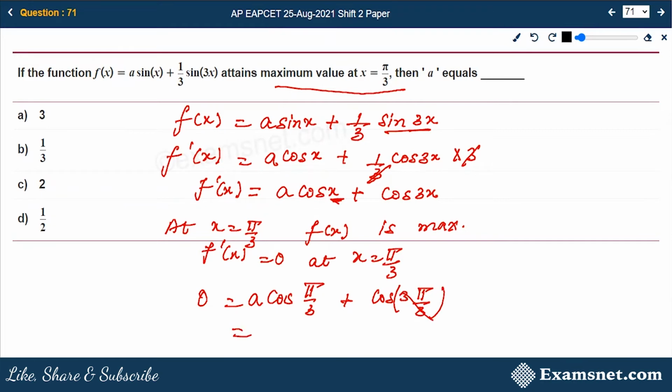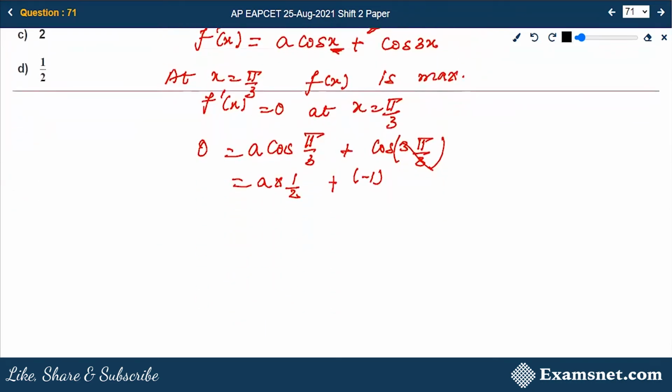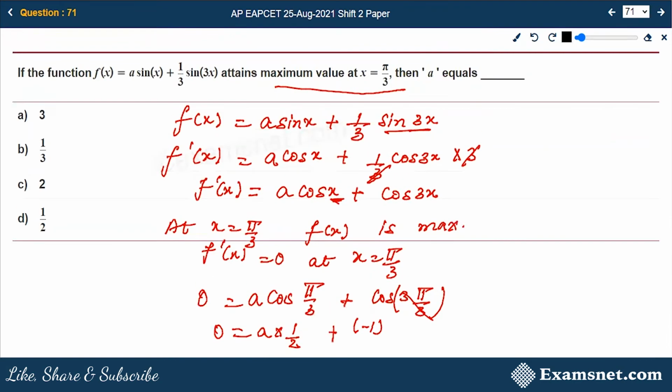You know the value of cos pi by 3 is 1 by 2, plus cos pi is equal to minus 1. So this equation will become 0 is equal to a by 2 minus 1. 1 is equal to a by 2, or simply a is equal to 2. So we got your answer. A is equal to 2. Option C is the correct answer. Question number 72.